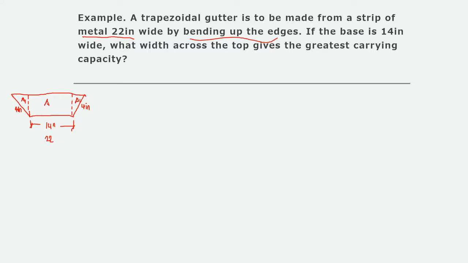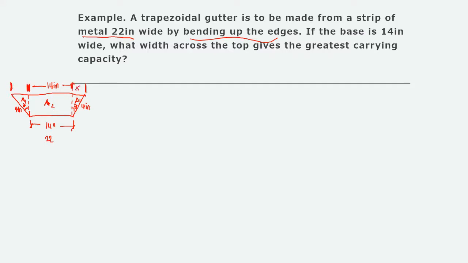And this one will be area 2. This is the angle that we have, and this one as well will be an angle. We know that the measure of this one is 14 inches, but we don't know the measure of this one and these here.